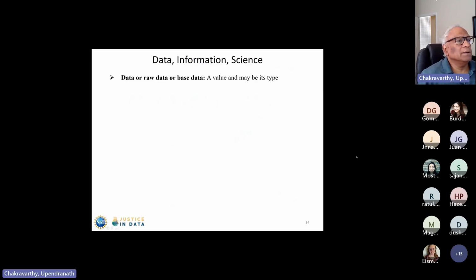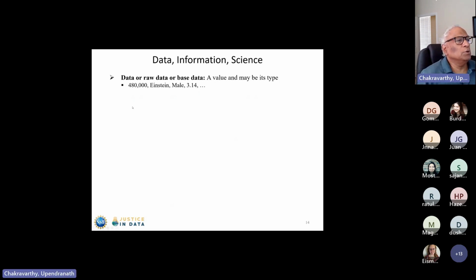So here is a data or raw data, as we call it. In your domain, you can think of just having two numbers, lat long. If you don't know that they are lat long, it has no meaning, even though there are two numbers. But knowing that it is lat long gives you a better understanding of where it can be used and how it can be used.